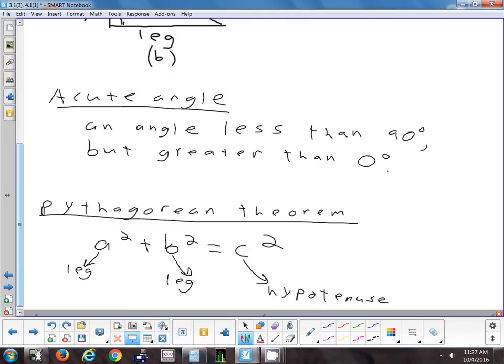This theorem is going to be helpful if we want to figure out sides. Does this theorem have anything to do with angles? No, this has nothing to do with angles at all. That's where trig would come in and help us out. But we can definitely use this to figure out sides. Any questions on the Pythagorean theorem? I'm not going to go through any examples that use it right now. If we come across a problem where we need it, I'm going to assume everybody at this point has done it before.